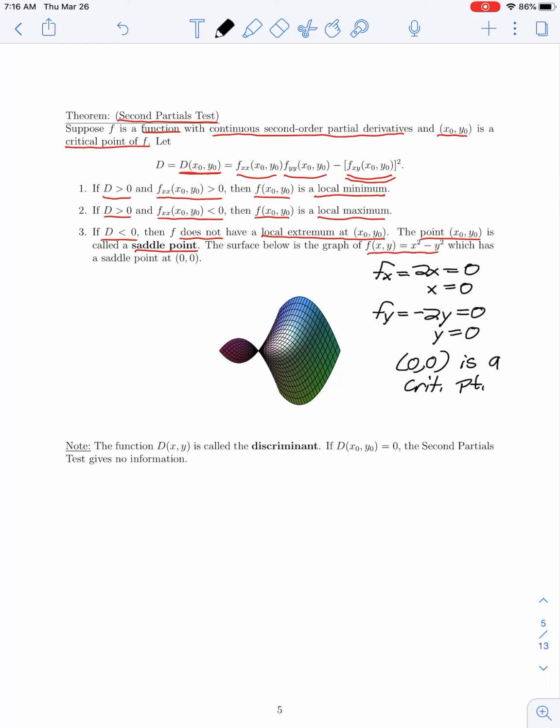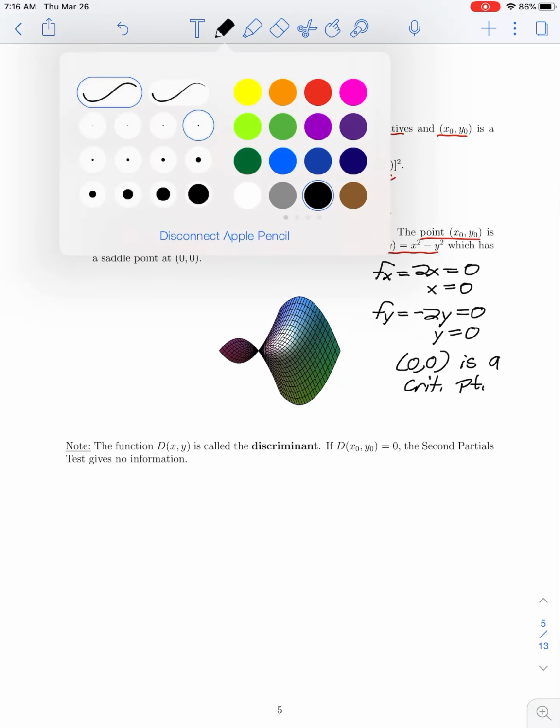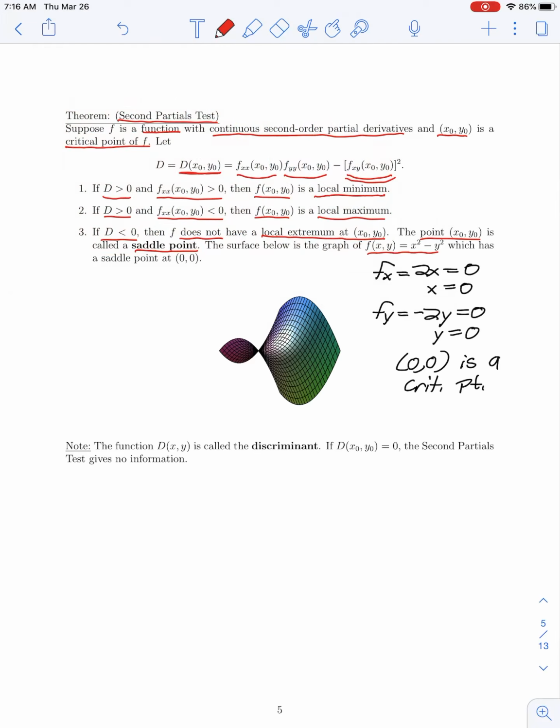Now I claim that at this point we have neither a maximum nor a minimum. So we get what's called a saddle point, and to see why, we could think about our partial derivatives of this function. For the point 0, 0, if we substitute 0, 0 into our function, we get 0 as the value of our function. So the origin, 0, 0, 0 in space, would be the following point on our surface.